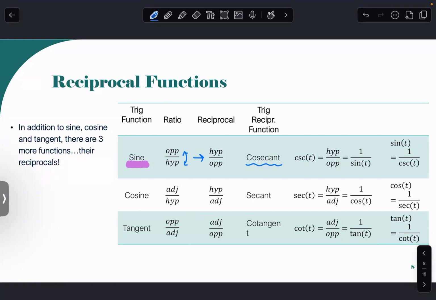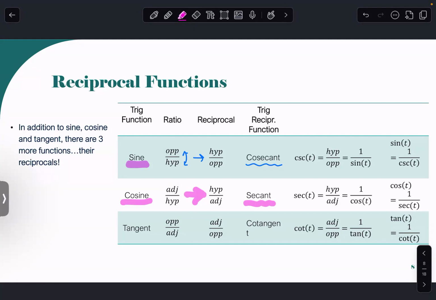So first, cosine: that ratio is adjacent over hypotenuse. If I find the reciprocal, I get hypotenuse over adjacent, and that is called secant. I can also call secant 1 over cosine t, or we can call cosine t 1 over secant t.